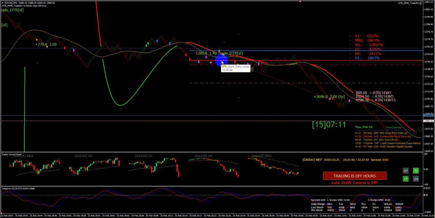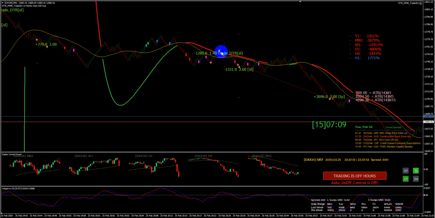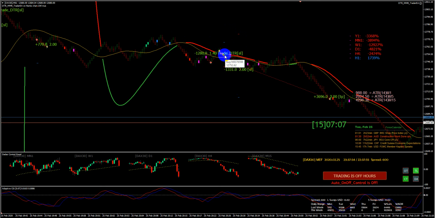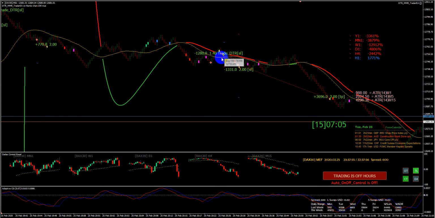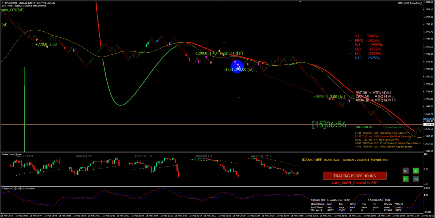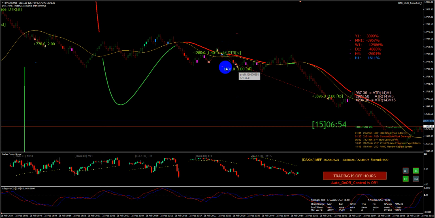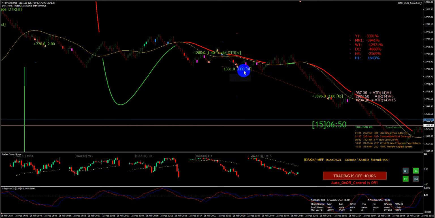Now, because I lost that one, I jumped in for a long one because I saw that there's a break of the trend line. So I thought, hey, maybe they would be going up, and I lost again, right? So now I have 1.4 lots lost and 2 lots. So this is a pretty big lot.